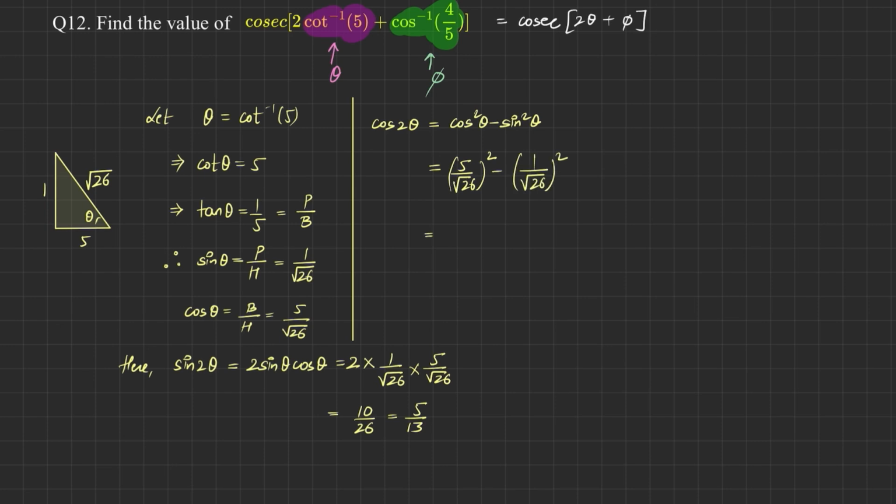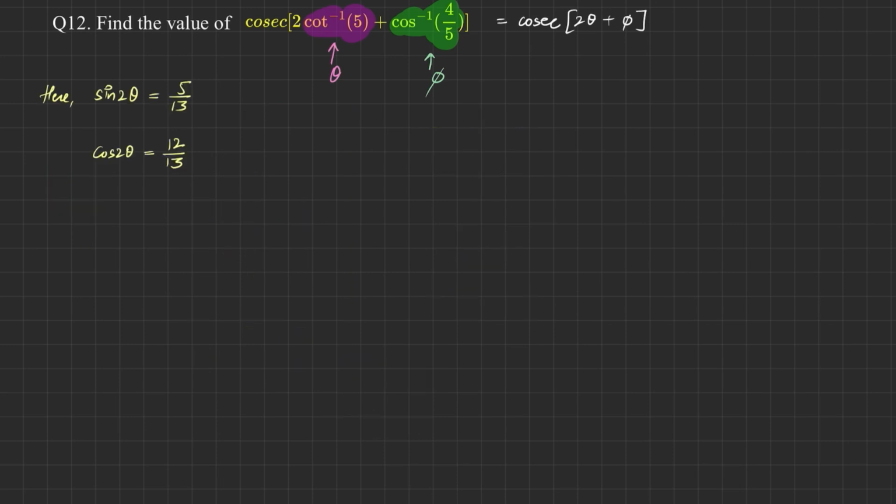So it will be 25 over 26 minus 1 over 26. On simplifying we will get 24 over 26, which will be equal to 12 by 13. So using the value of theta, we have found the value of sine 2 theta and cos 2 theta. I have simply written the value of sine 2 theta and cos 2 theta.